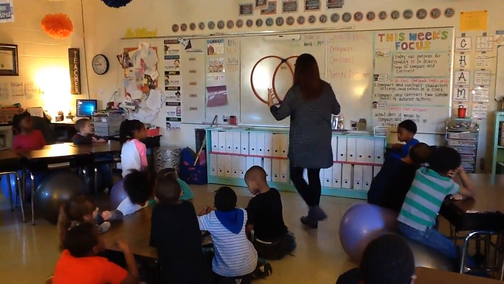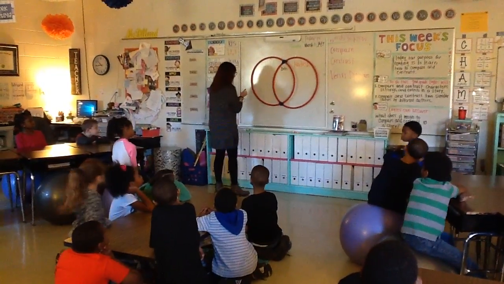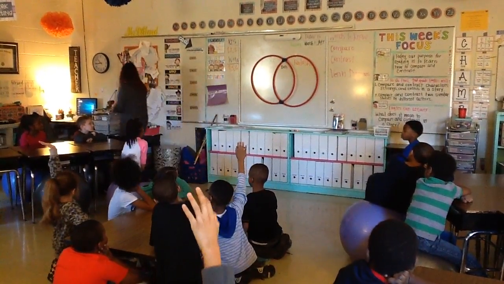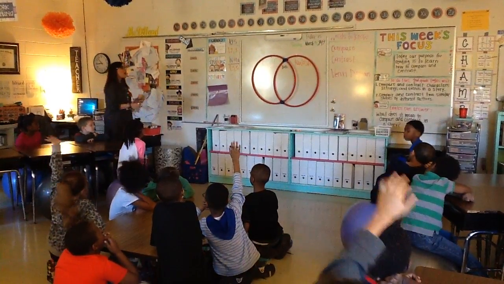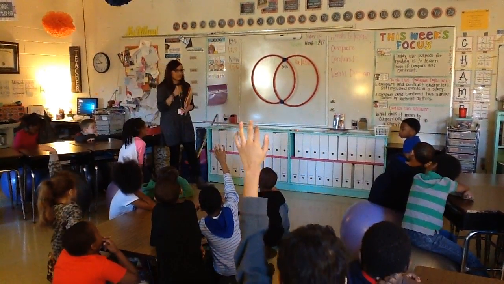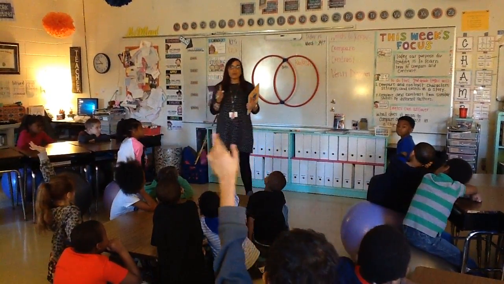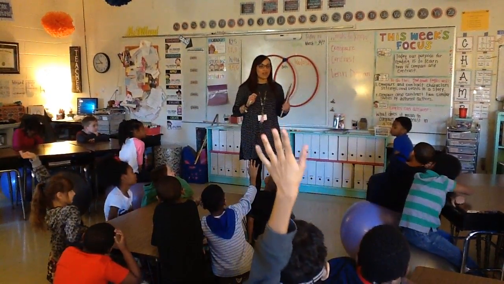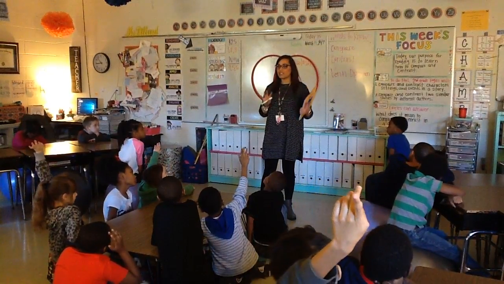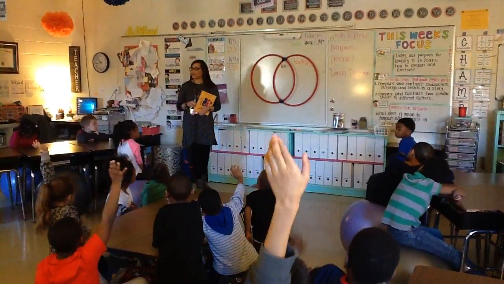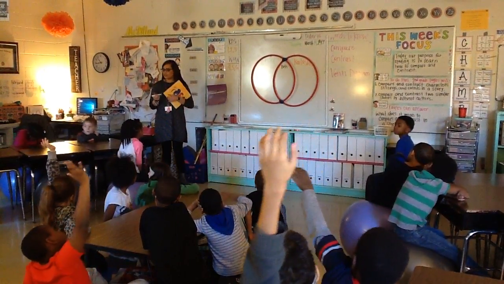So let's start with Elliot. Let's do the contrasting first. How they're different. So, what makes Elliot different from Kalish? And let me remind you, one person lives in America, one person lives in India. Alright, just in case you didn't catch that. So, does Elliot live in America or India? Brooke.